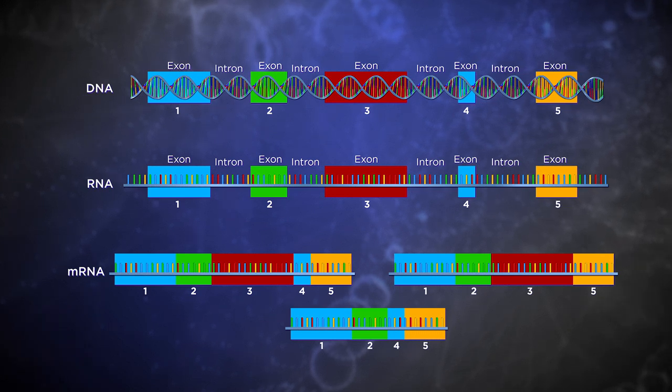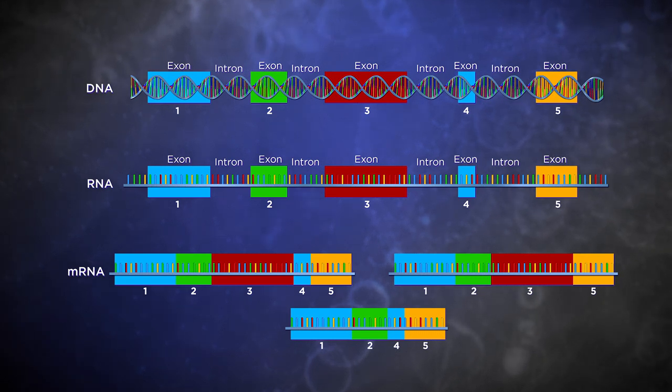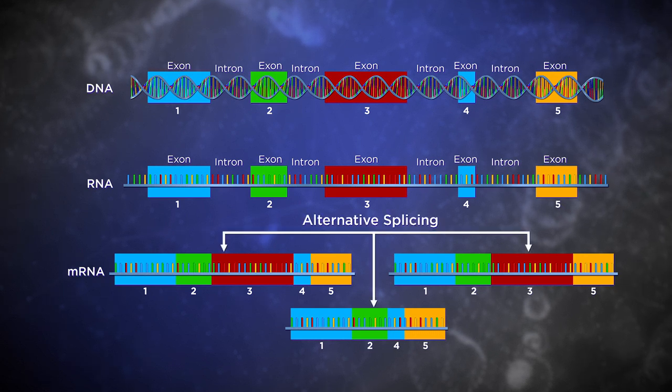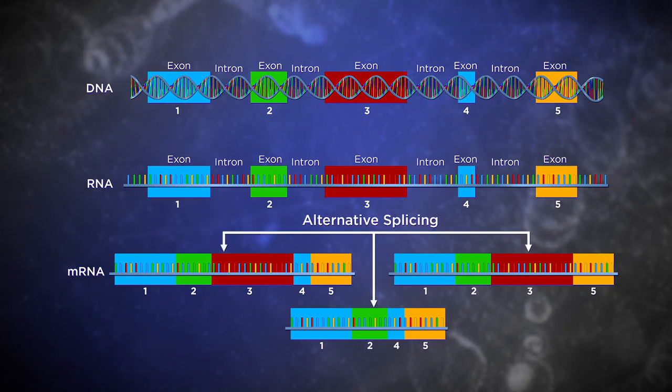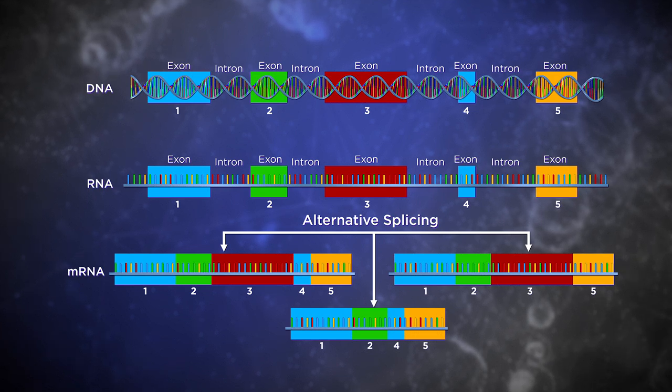The individual exons and their overall order are still the same, but by leaving some of the exons on the cutting room floor, so to speak, it becomes possible to create messenger RNAs that will be translated to make slightly different proteins. This phenomenon is called alternative splicing, and because of it, we can make over 100,000 different proteins from fewer than 30,000 genes. Splicing is a double-edged sword.